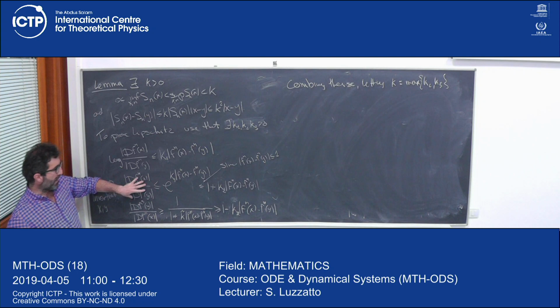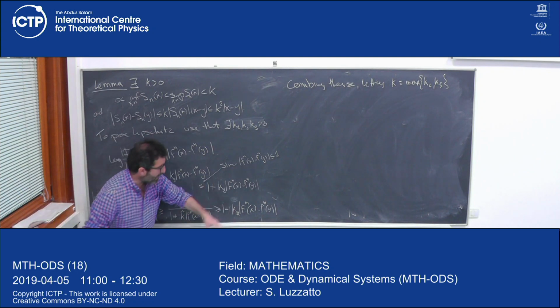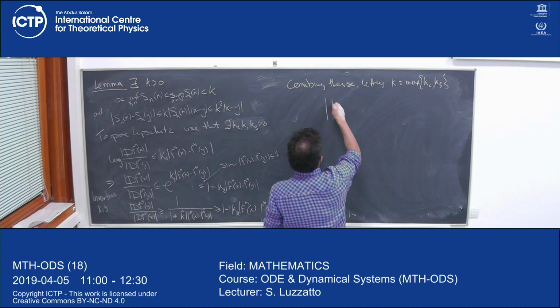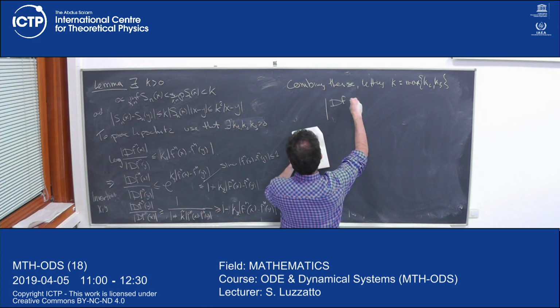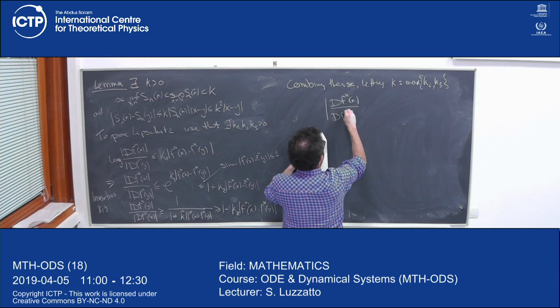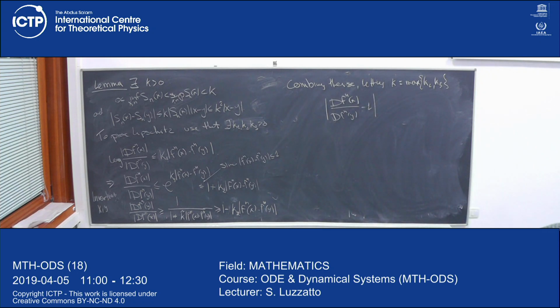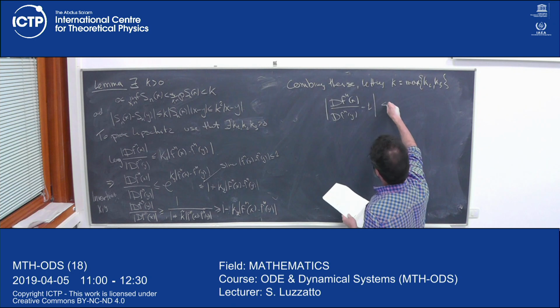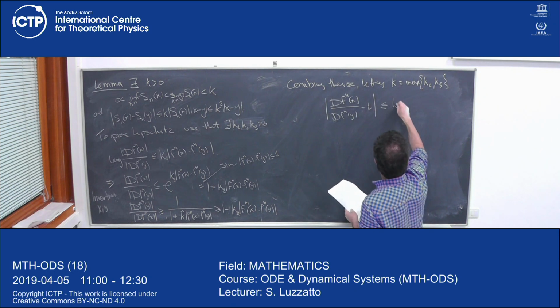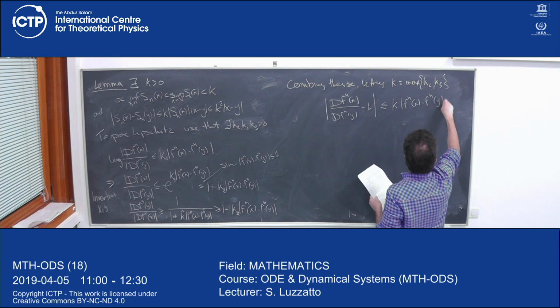This is an upper bound saying that this is less than or equal to 1 plus something, and this is greater than or equal to 1 minus something else, so we can just write this as df n of x over dfn of y minus 1 is less than or equal to k times fnx minus fny.